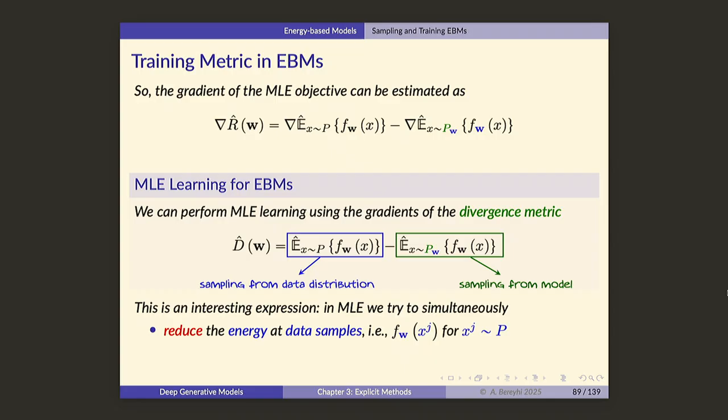But we need to increase the energy at the model samples. And you might guess why. Because the model has not been trained yet, right? It's giving me bad samples. So I need to make the energy high, meaning the likelihood of those samples is low. And by doing it iteratively, I'm going to gradually converge to the point where my model is just approximating the data distribution.